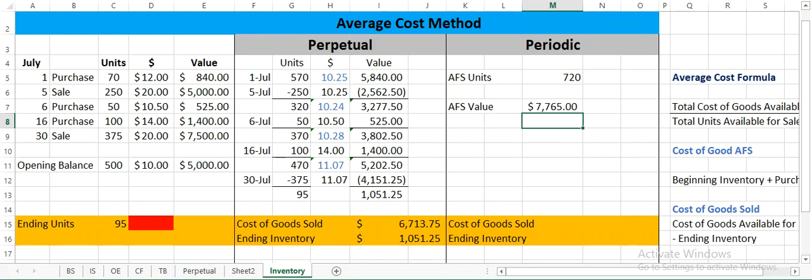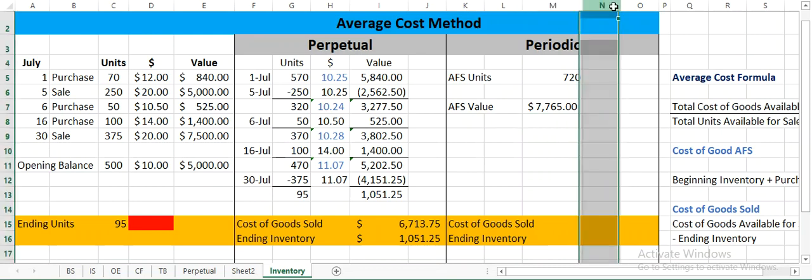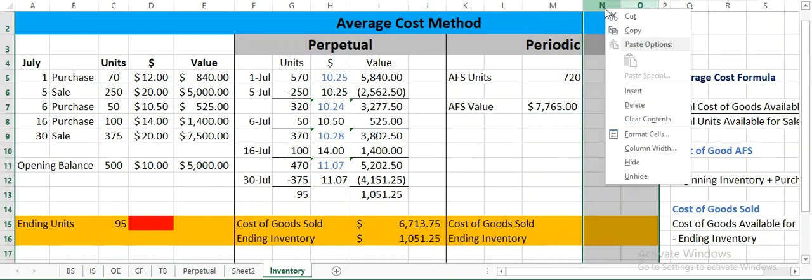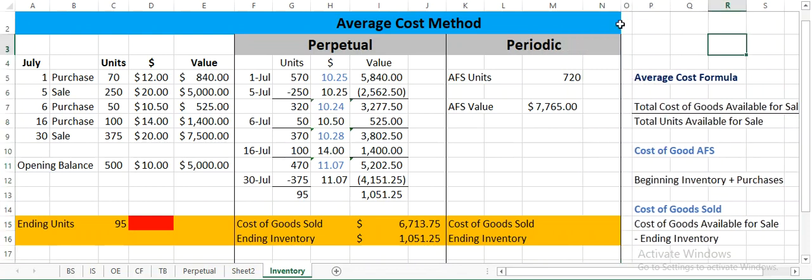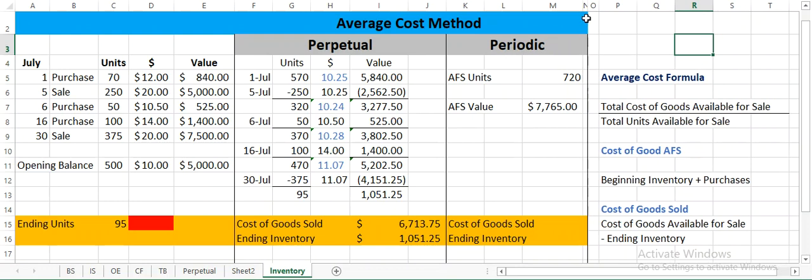And so that's giving me an available for sale value of 7,765. I have to use this information now.